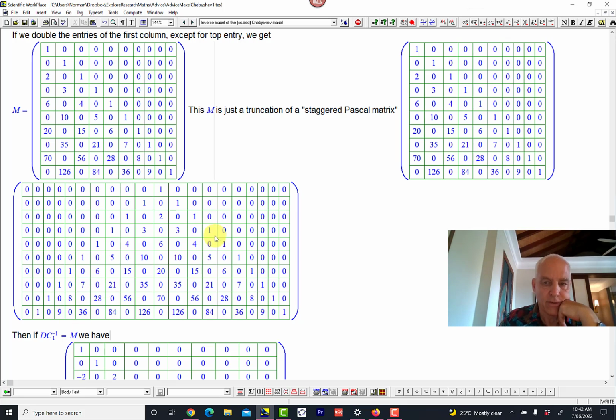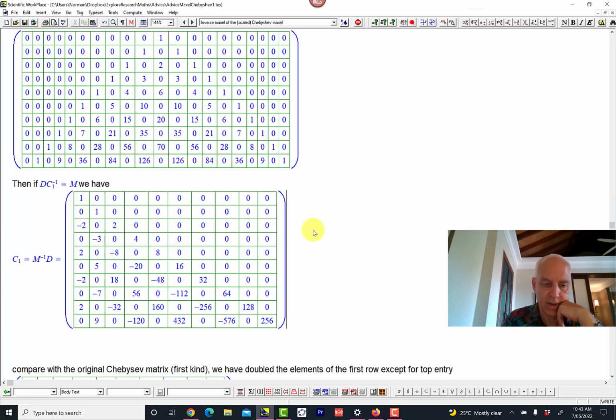So if this thing here is M, okay, and it's obtained from the staggered Pascal matrix, and if we write this as D times C1 inverse, so we sort of modify the original Chebyshev polynomial Maxel from C to C1, then we would get that C1 would have to be M inverse D, which turns out to be this thing. So from some point of view, sort of from this linear algebra or Pascal point of view, this maybe is a more natural kind of Chebyshev Maxel.